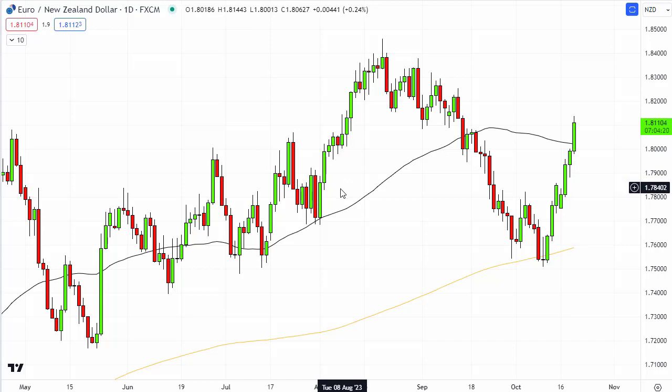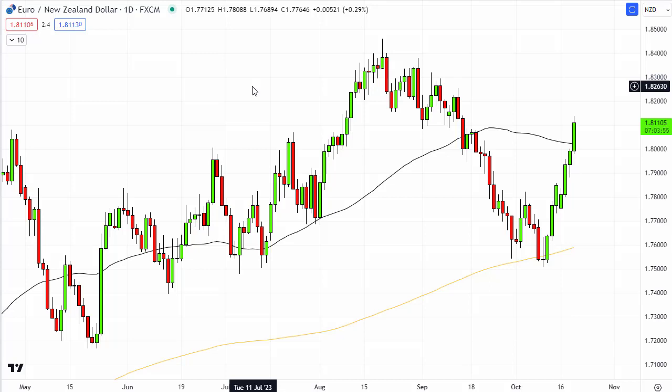It just tells us whether there's breadth there. Is this just the euro by itself against the dollar moving up or down, or is the euro collectively moving up and breaking out against some other pairs? It doesn't have to do it against every pair, but against some other pairs.